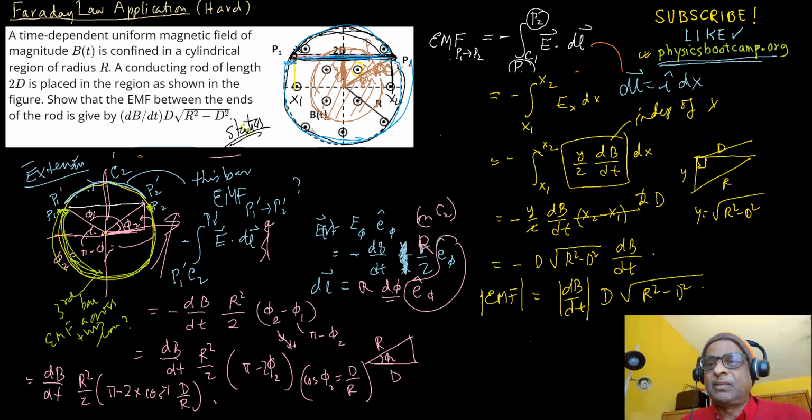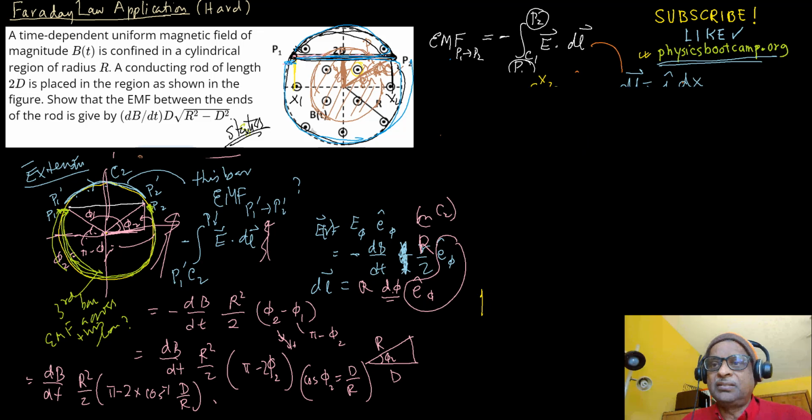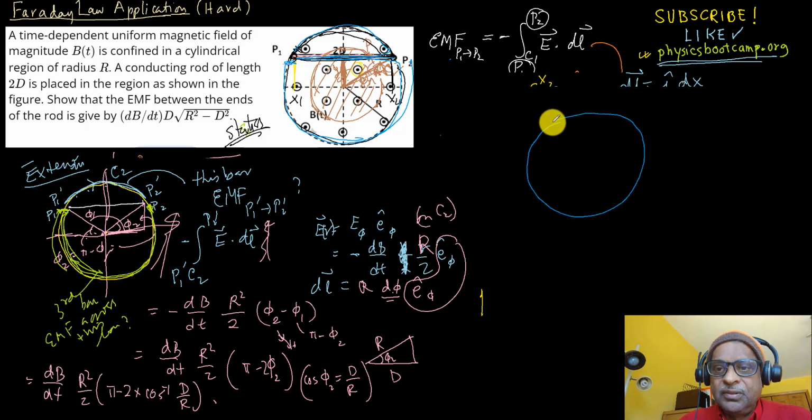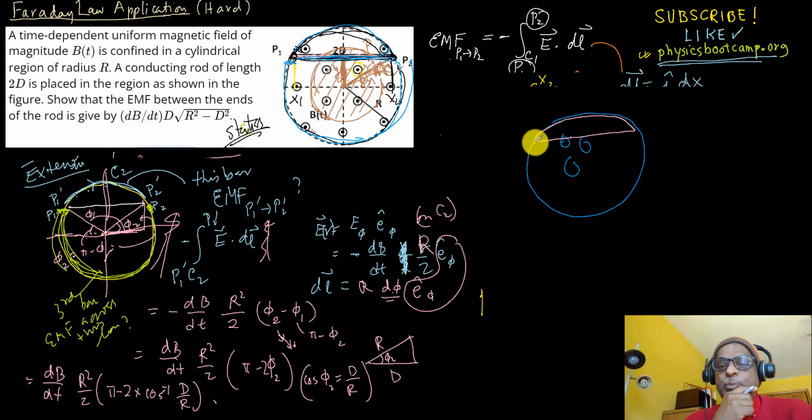Let me extend it again for you to practice. Same type of B situation. So we have this, and the B is coming out. Same. So I take a wire, make that loop, and find the EMF in that loop.